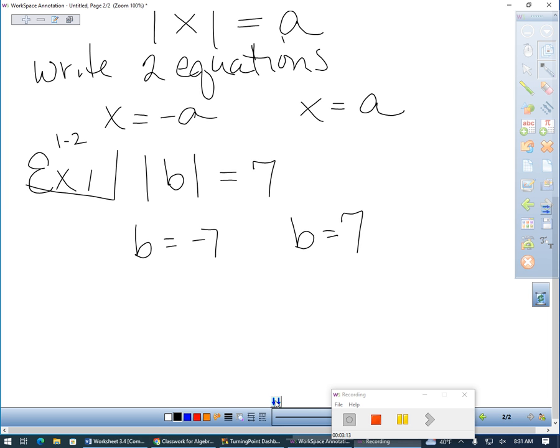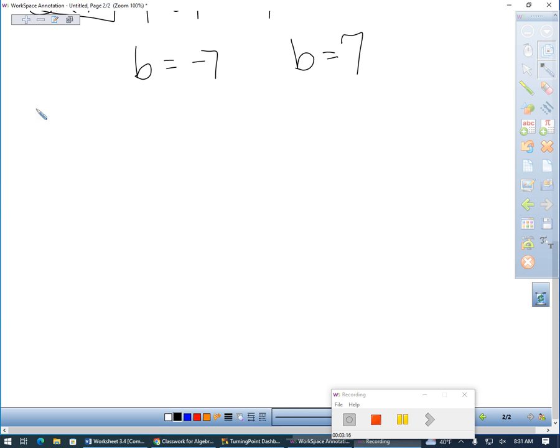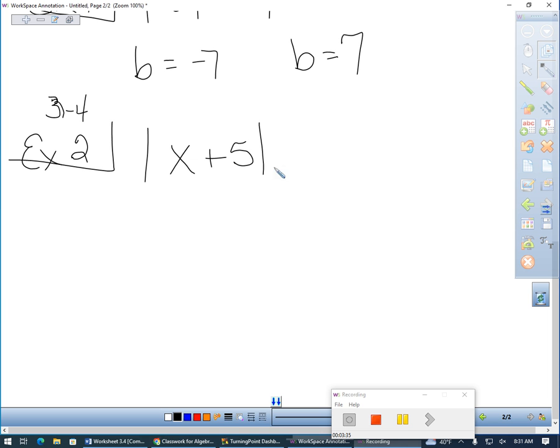So let's take it one step further. How about example number 2? This is going to be 3 and 4 on the worksheet. Let's say I have the absolute value of x plus 5 is equal to 4.